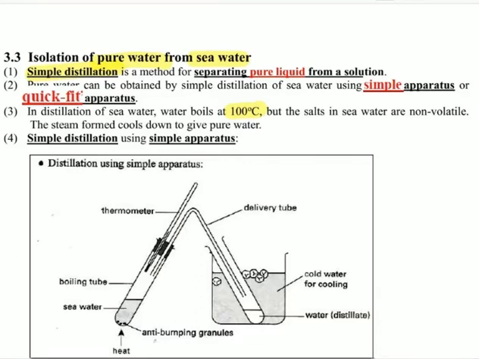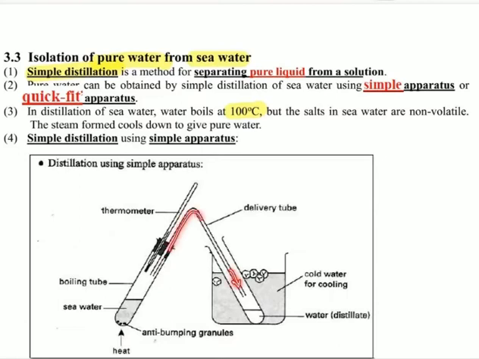Firstly, water will boil first because water has a lower boiling point than those solids inside, for example, the magnesium chloride, sodium sulfate, etc. So water will boil first and become a gas, and then go across the delivery tube to here. At this place, we have a cold water bath with ice water, and then the water vapor condenses.